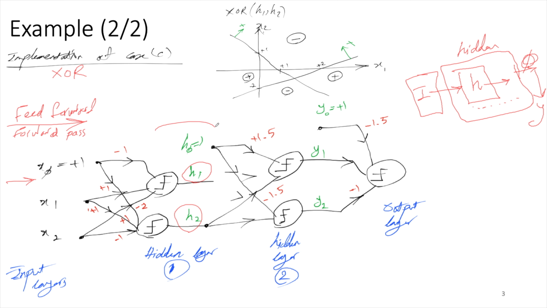So here we made our H1 and H2. Here was the combination of H1 and H2. One case positive, one case the negation: H1 negation H2. And then here's going to be the output. As you see here, we are using a hard threshold as our activation function.